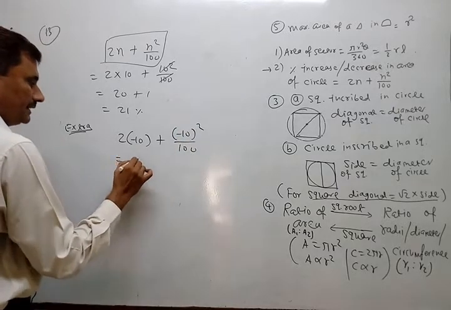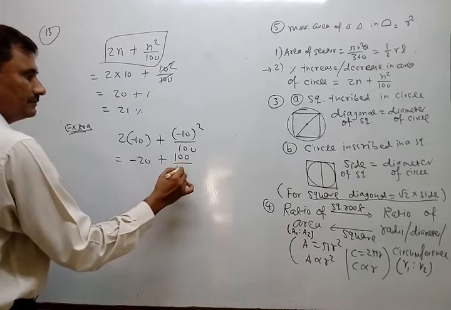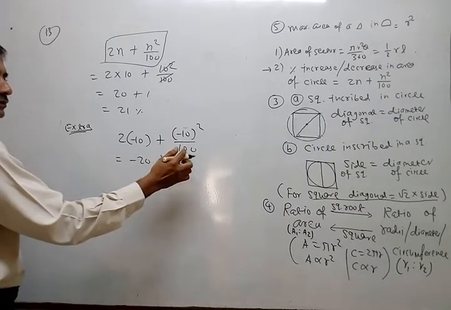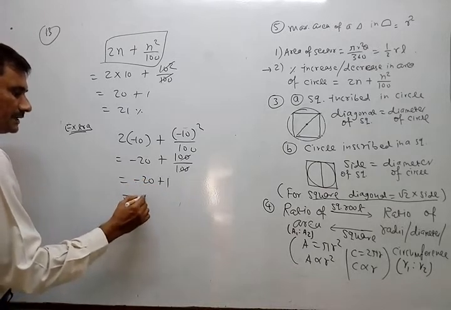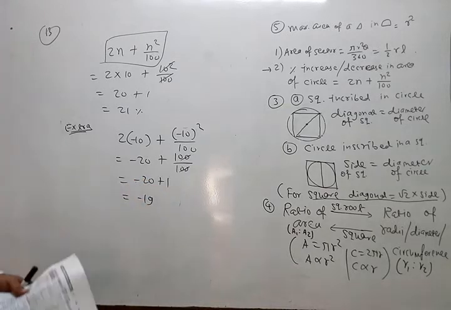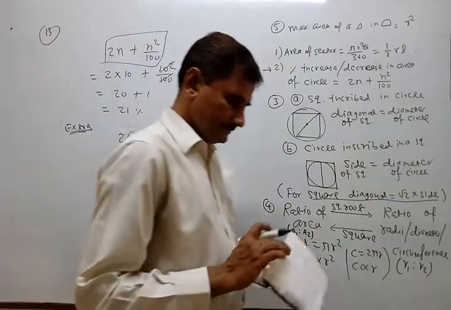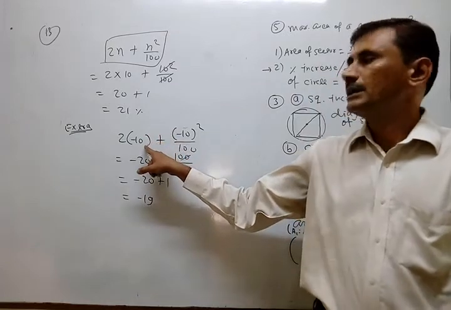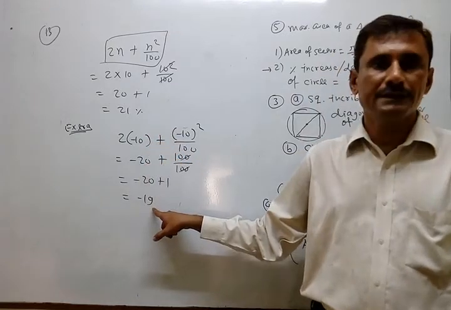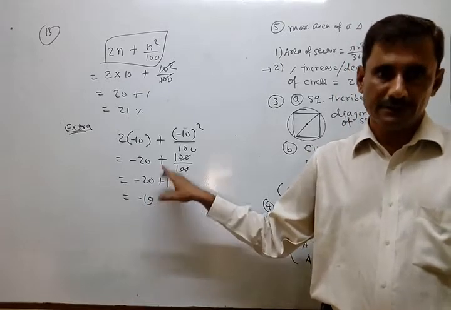So it will be minus 20 plus, this is positive only. Why? Because the square of a negative is always positive. So it is minus 20 plus 1, it is minus 19. So if the radius is decreased by 10%, then the area will be decreased by 19%. You understand?